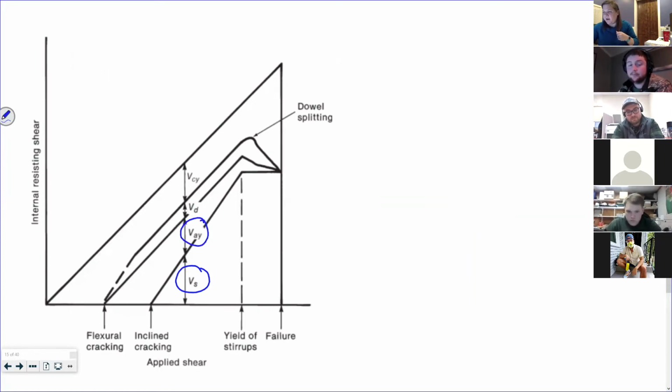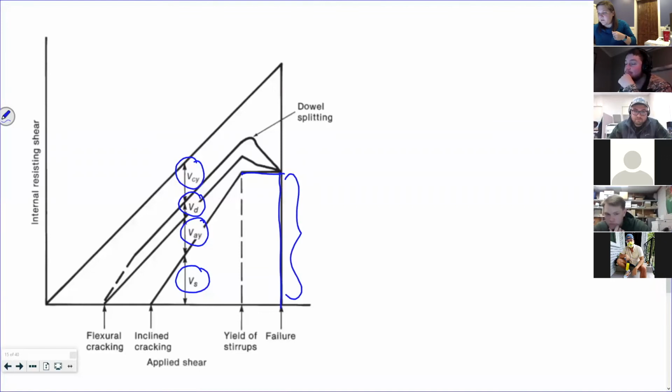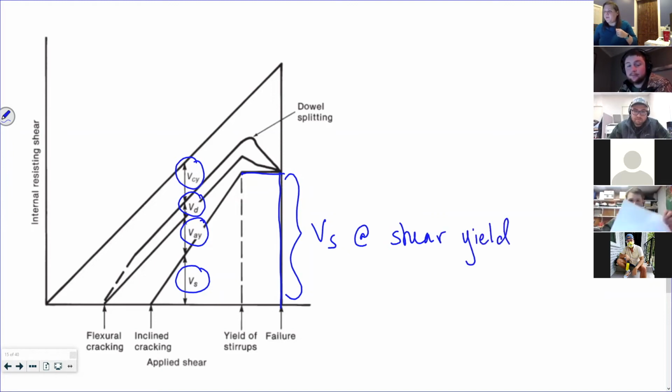VAY is our aggregate, dowel, and then our concrete. Eventually we reach yield of our stirrups, and then we have to rely on the rest of our concrete.